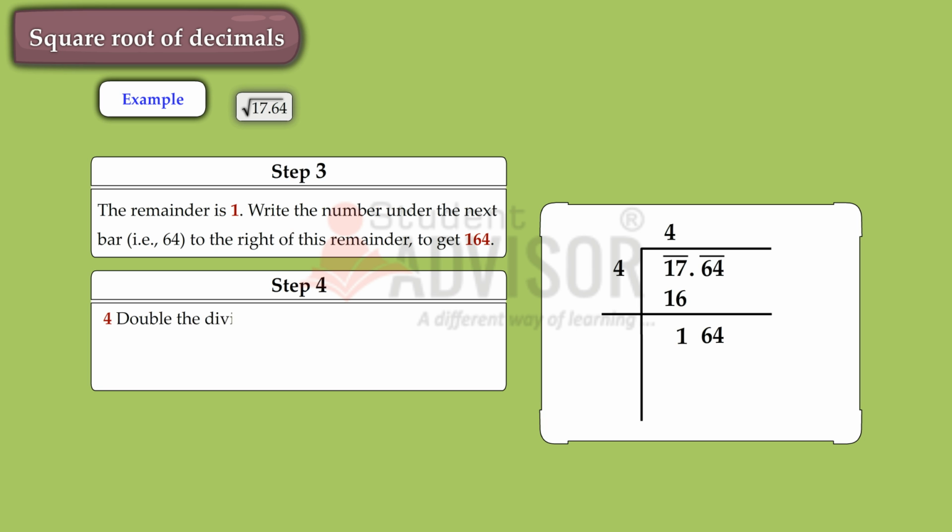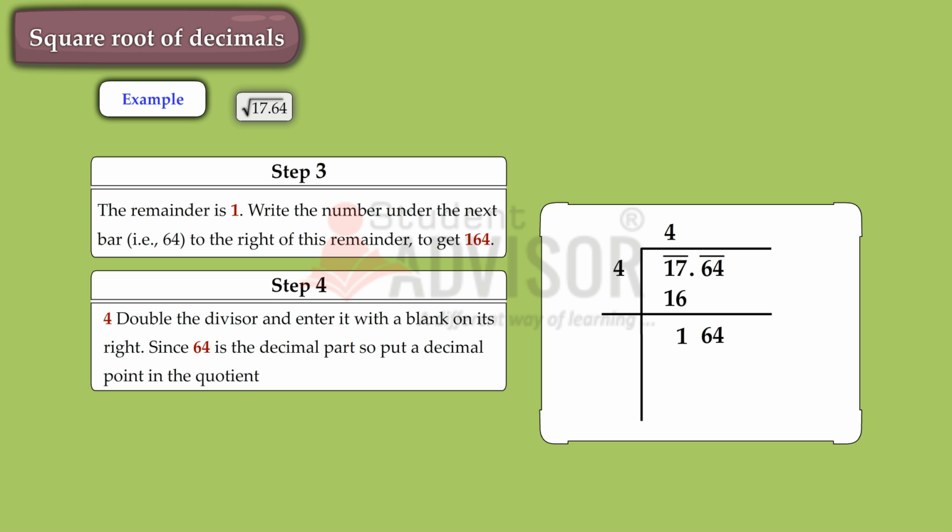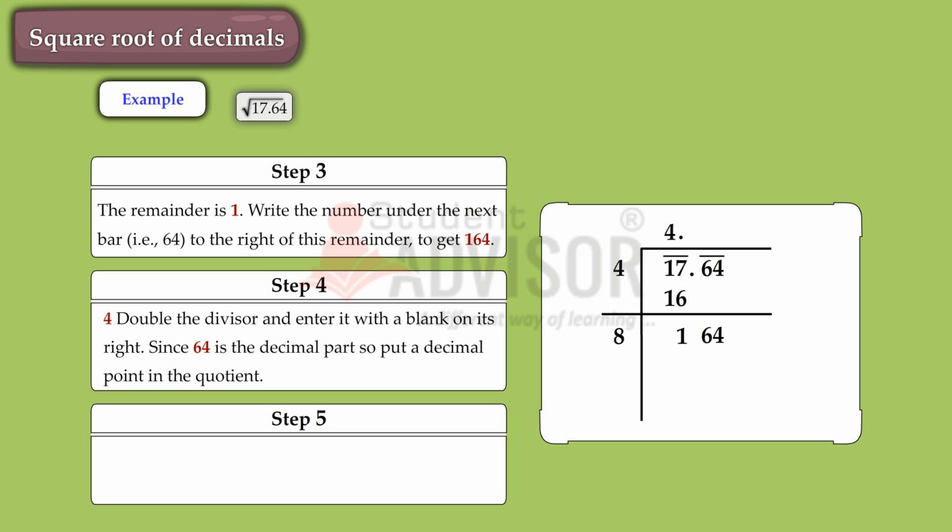Step 4. Double the divisor and enter it with a blank on its right. Since 64 is the decimal part, put a decimal point in the quotient. Step 5. We know 82 multiplied by 2 equals 164, therefore, the new digit is 2.